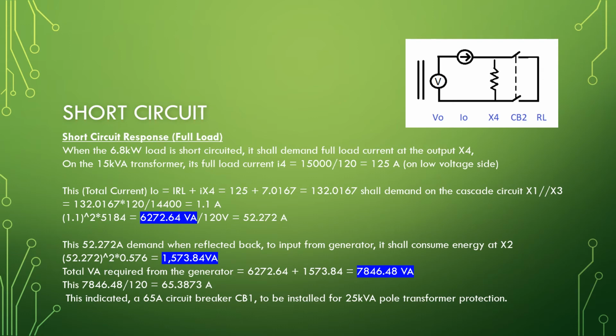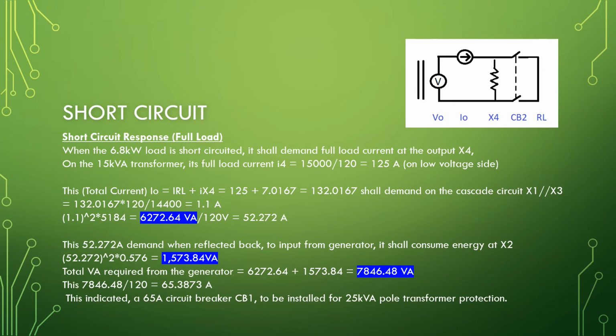This 52.272 ampere demand, when reflected back to input from its generator, it shall consume energy at X2: 52.272 squared times 0.576 equal to 1,573.84 VA.